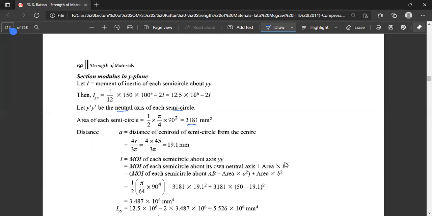So the moment of inertia of each semicircle about the y axis will be the moment of inertia of each semicircle about its own neutral axis, plus area into b square. So the moment of inertia of each semicircle about AB, minus area into a square, plus area into b square. About AB, it is area multiplied by a square.